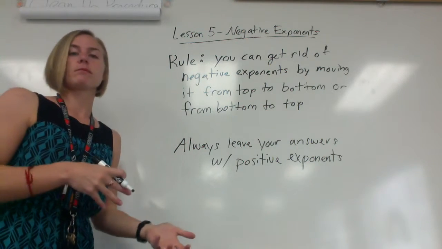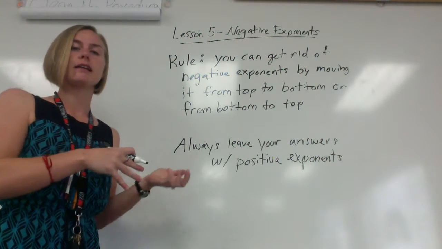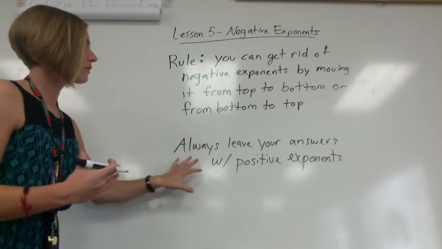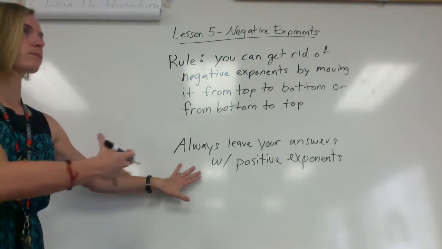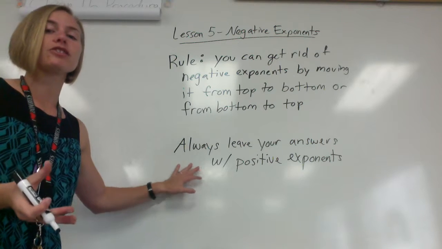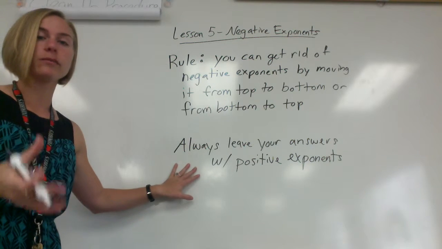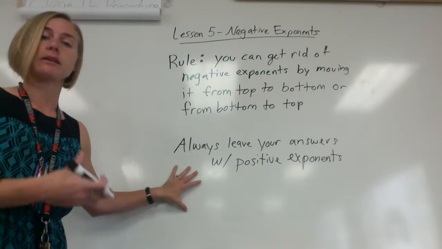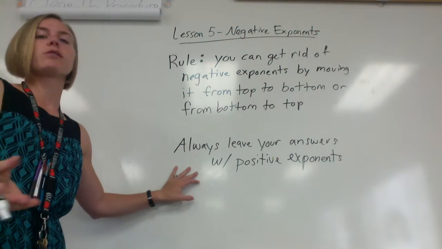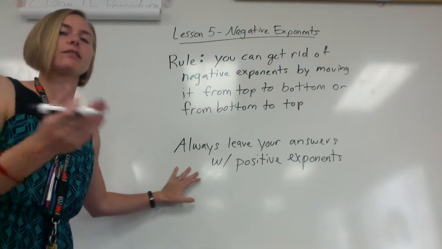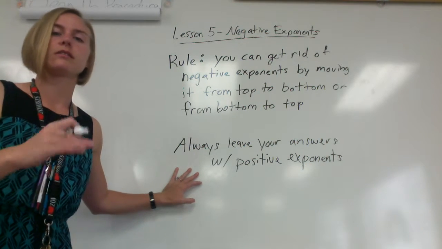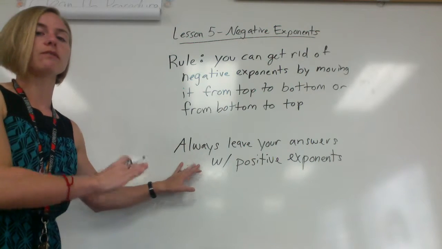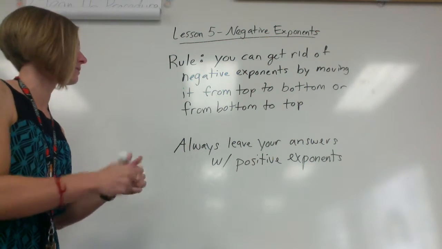And you can actually go the other way too. If you really want to make something negative, you can move it from the top to the bottom and vice versa as well. Now, the general rule though for just doing math is that you always leave your answer in positive exponents. So from now on, when you're doing this, I'm going to expect that all of your answers are positive. Otherwise, I will mark them incorrect. Unless, of course, the instructions say to leave it as negative or make something equivalent regardless and all of that. Okay? So in general, if it doesn't say something about it, you leave your answers with positive exponents.